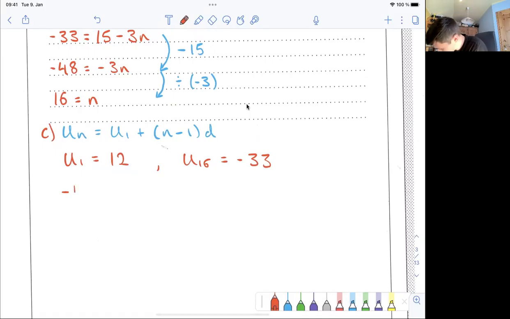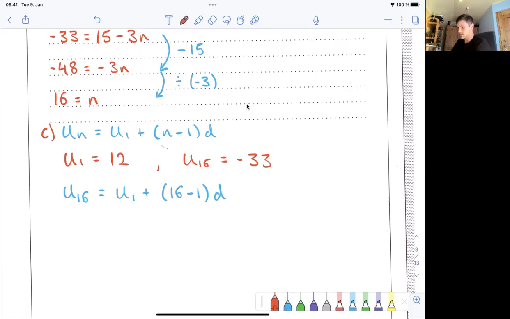So we'll have u16 is equal to u1 plus 16 minus 1 multiplied by d.